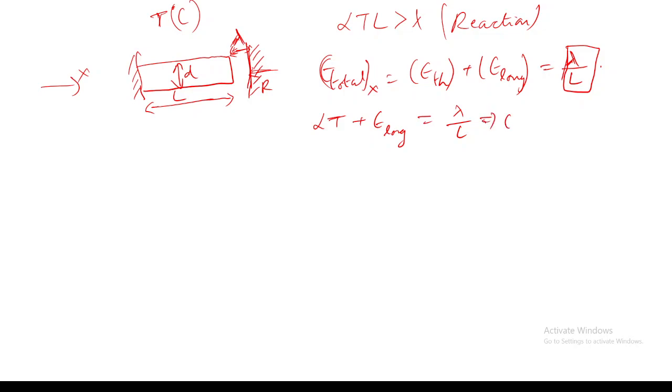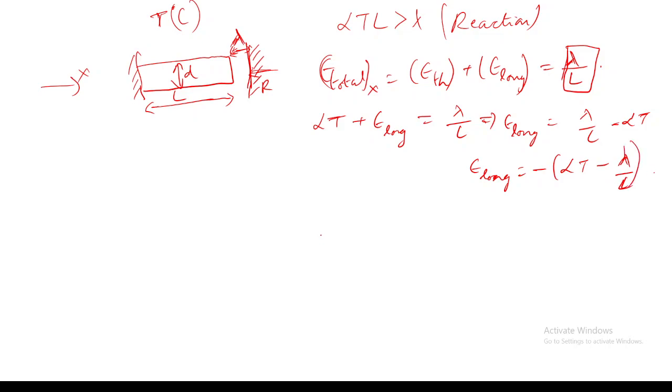From this, I can write epsilon longitudinal as lambda by L minus alpha t, and I can rewrite this as epsilon longitudinal equal to minus, taking common, alpha t minus lambda by L. And this is a compressive strain.